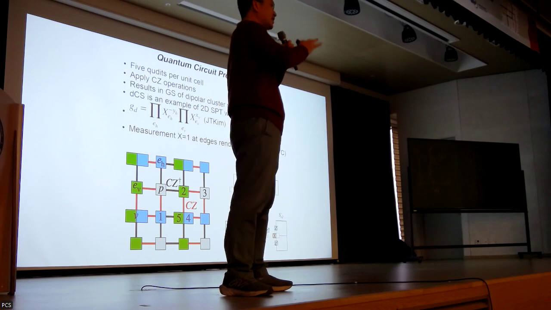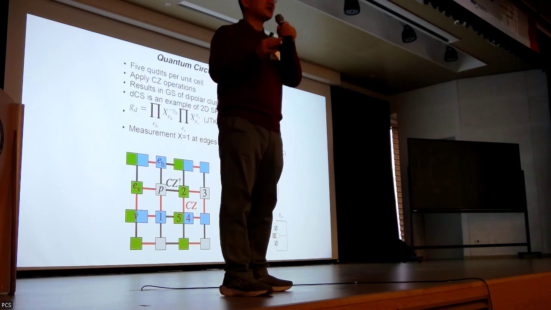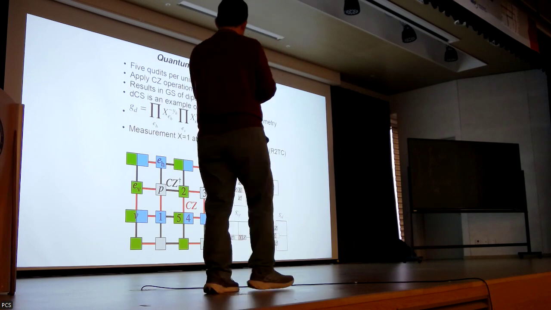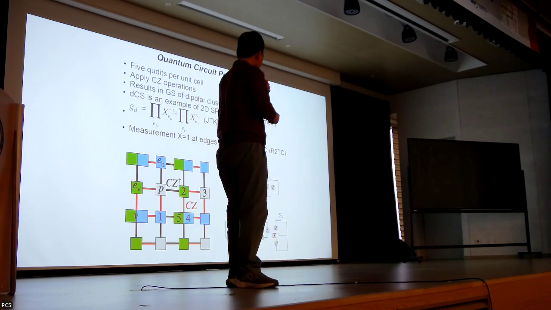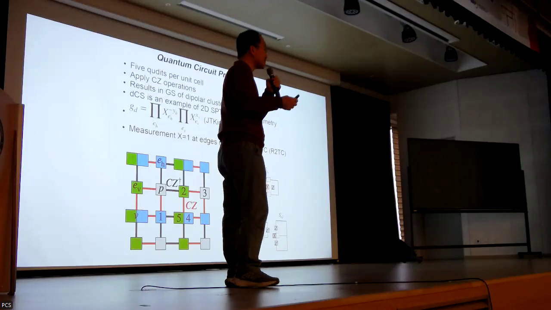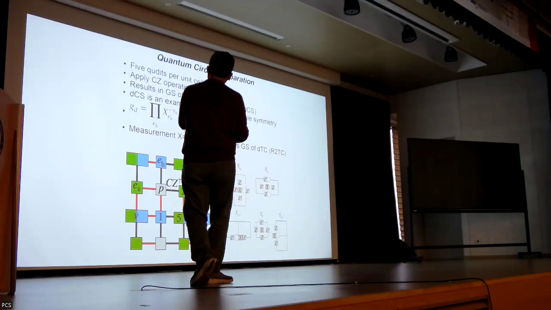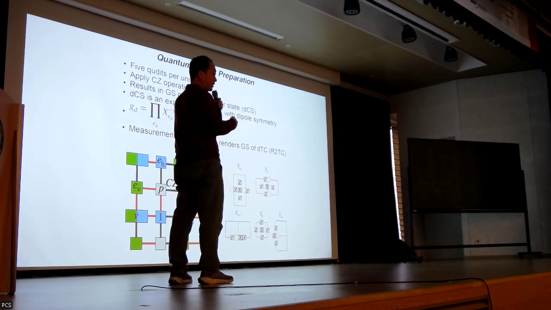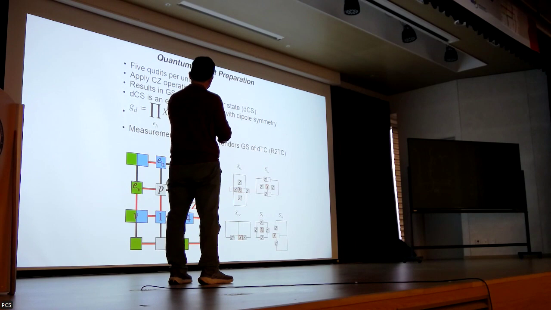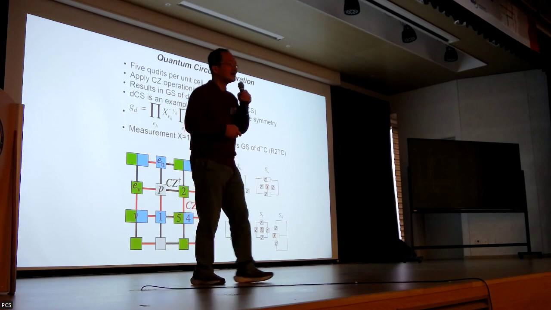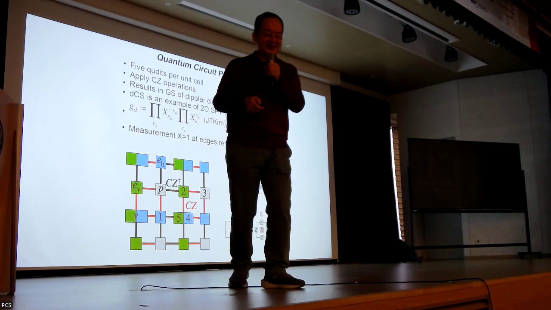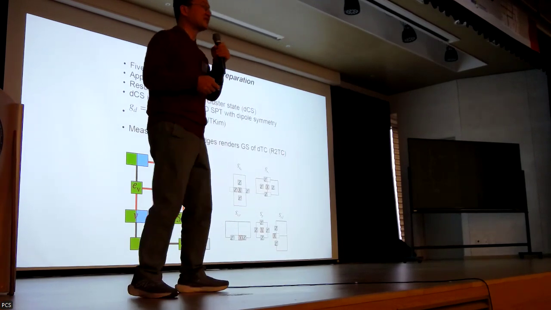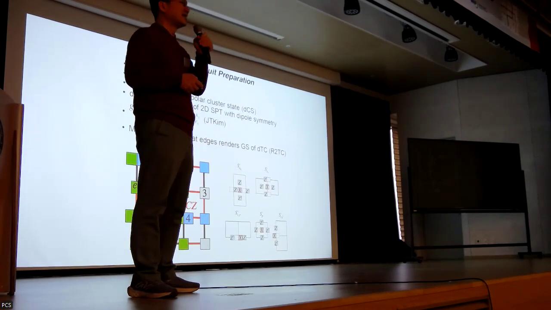But unlike many other known SBT models in 2 dimensions, this model is protected by what we call a dipole symmetry. The symmetry operator for that is this, where you have the Pauli x operator raised to various powers of the coordinate. And we believe this is a pretty interesting finding.